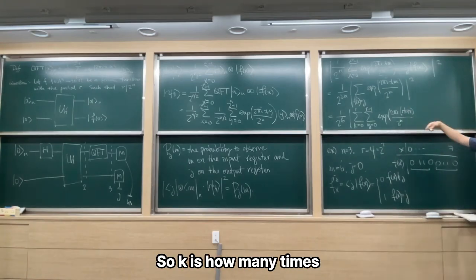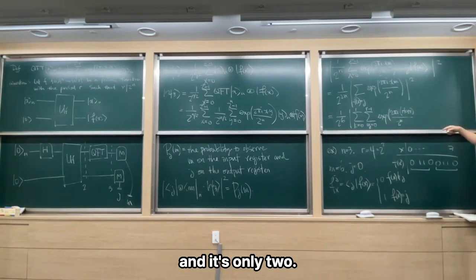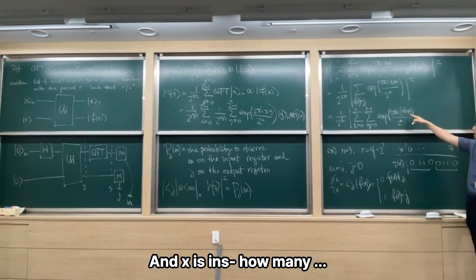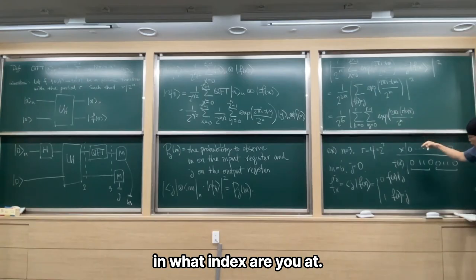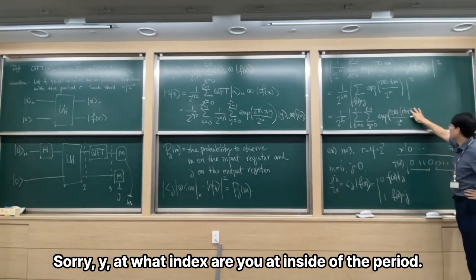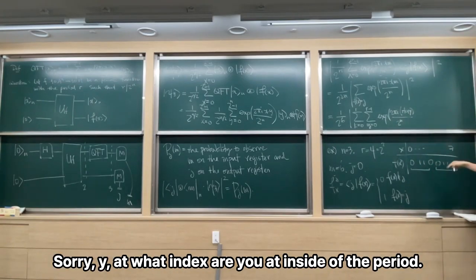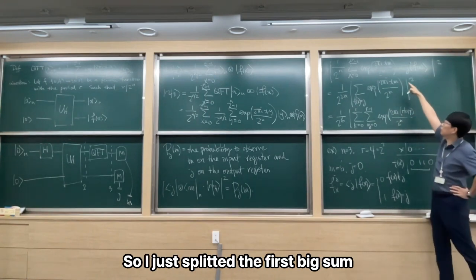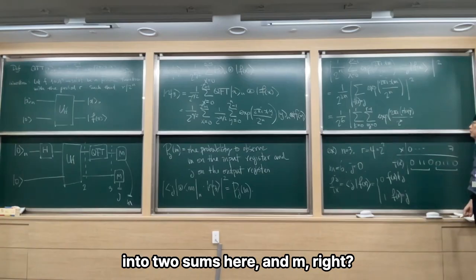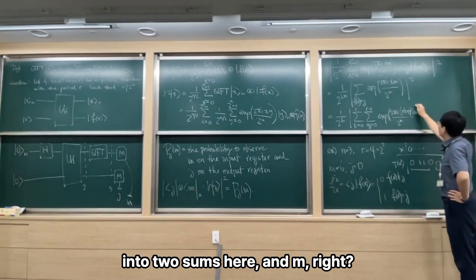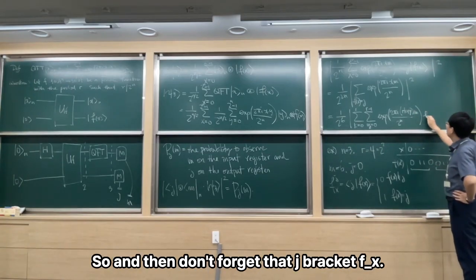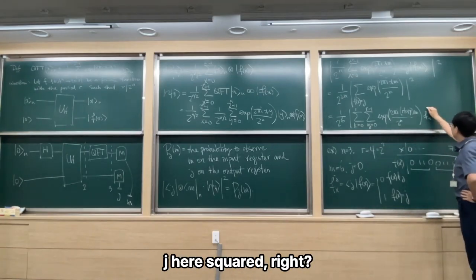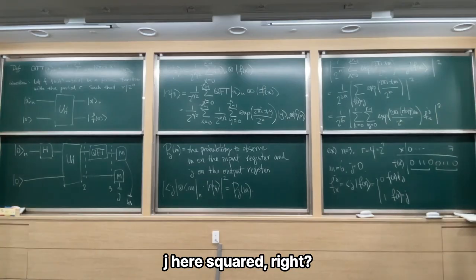So k is how many times you have run the period before, and there are only 2 periods running the entire sequence, and y is at what index you are at inside of the period. So that's your x, right? So I just split the first big sum into 2 sums here, with m, right? And then don't forget that j bracket f x, so it's going to be f_x(j) here, squared, right?